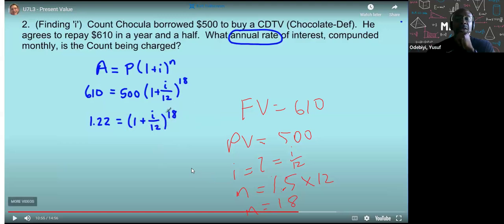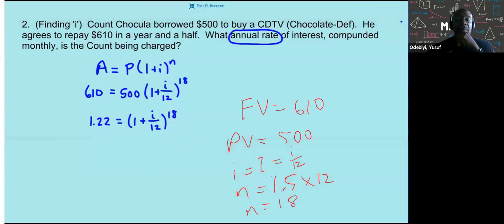To get rid of the power of 18, if you remember the radical, I'm going to have to take the 18th root of both sides, and then the exponent will cancel.